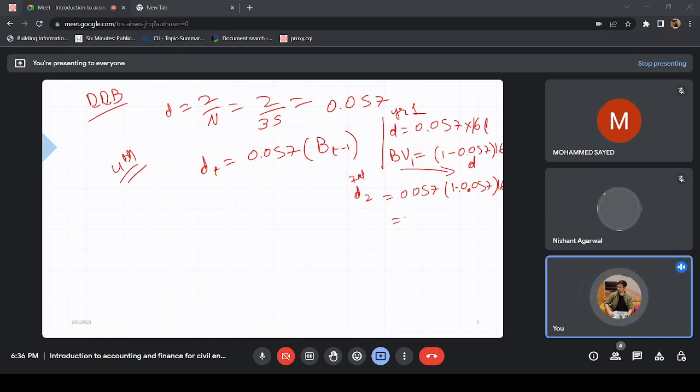So this gives you the formula: depreciation at time t is equal to d into (1 minus d) to the power (n minus 1) into the book value at time 0.